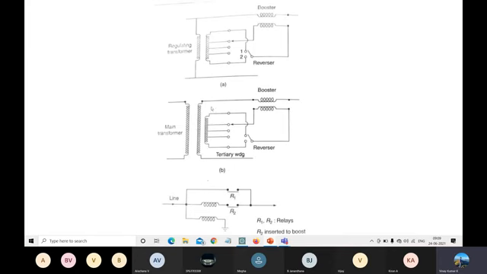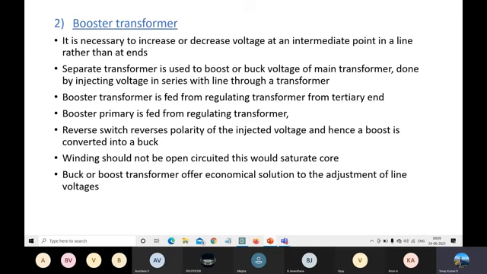This tertiary winding of the main transformer is connected with the booster transformer. So this is one more kind of configuration. The booster transformer is fed from the regulating transformer from the tertiary end, and the booster primary is fed from the regulating transformer. So these are the two kinds of configurations.